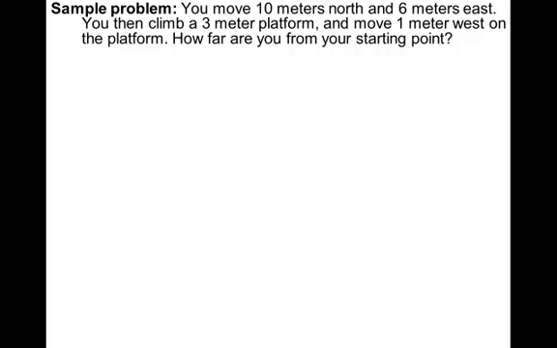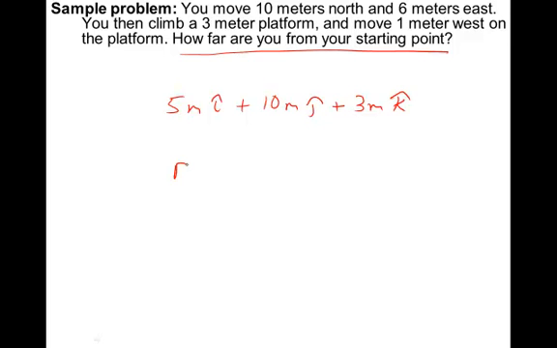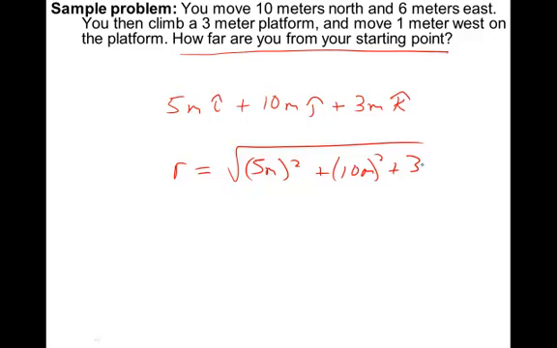So in that particular example that we had, if we were asked the distance from our starting point, we would simply take our original displacement vector that we calculated, take each coefficient of it, and set r equal to the square root of 5 meters squared plus 10 meters squared plus 3 meters squared.